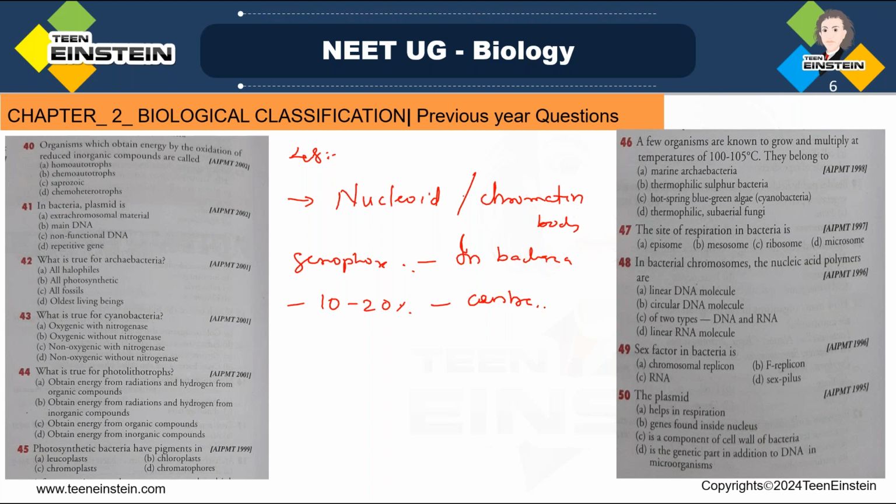And here in the genophore, nucleoid or chromatin body, you can see that it consists of a single circular DNA molecule, and all genes are linked in this, right?